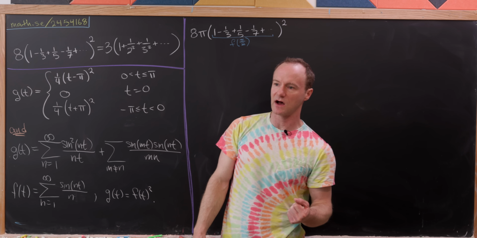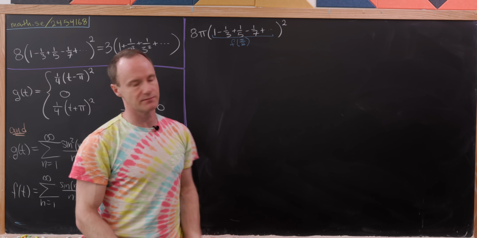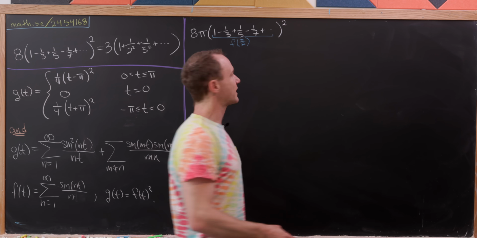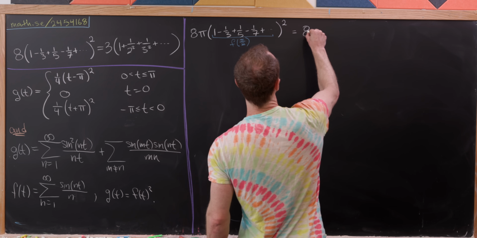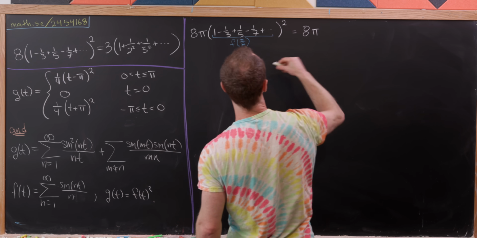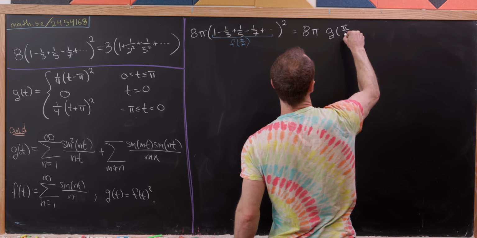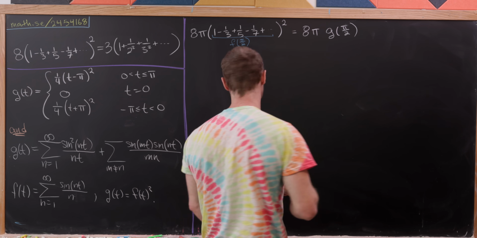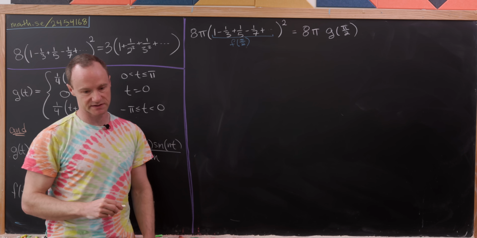And then sine of an odd number times pi over 2 will alternate in this method right here. Okay, so that means we can rewrite this whole thing as 8 times pi times f of pi over 2 squared. In other words, g of pi over 2, given the fact that I've defined g of t to be f of t squared. Okay, great.